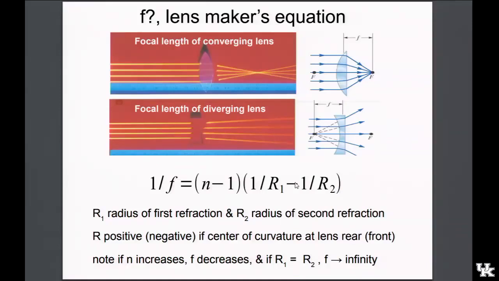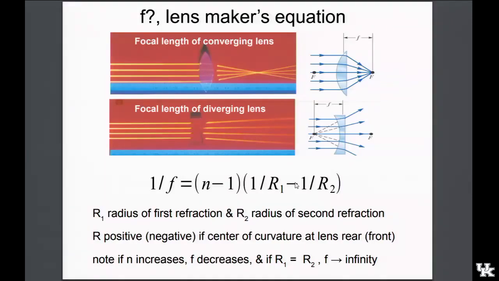We met focal lengths and focal points with mirrors, if you remember. There was a simple relationship between the mirror's focal length, focal point, and the radius of curvature of the mirror. The focal length of the mirror was 1/2 the radius of curvature of the mirror. That's very simple.